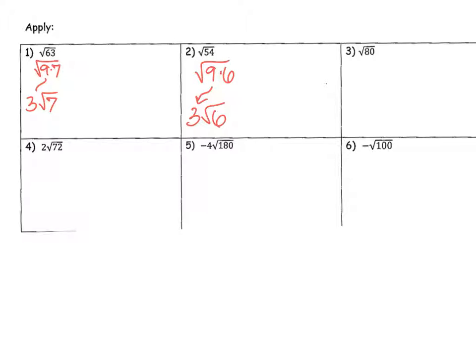Okay, 80. Look at your list. What could make 80? Whatever number you think is going to be the best choice. 20 times 4. 4 goes into it.